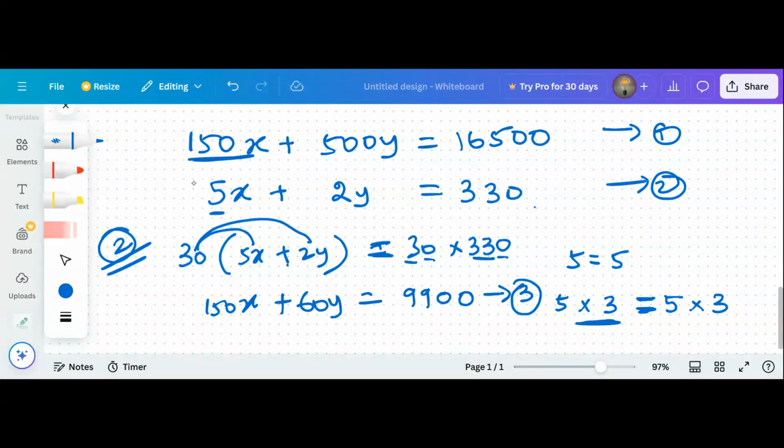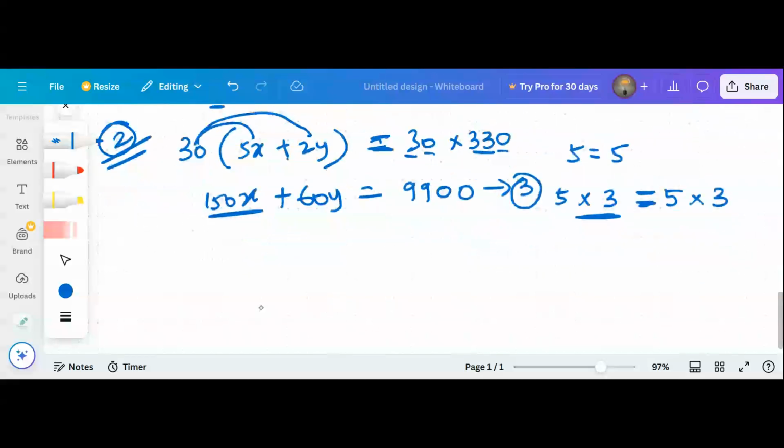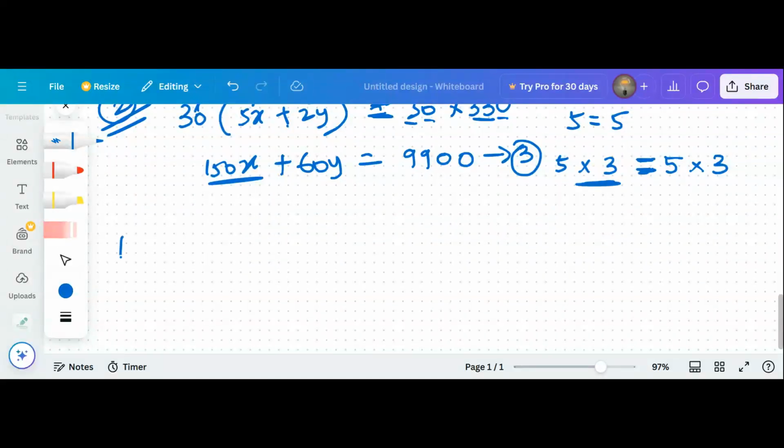So now you see here also 150x, here also 150x. So what we are going to do is equation number 1 minus equation number 3.